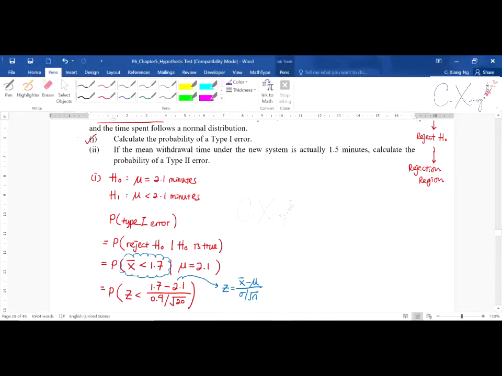If you have a look at part number 2, they said if mean withdrawal time under the new system is actually 1.5 minutes, calculate the probability of a type 2 error. Very obvious, they want you to calculate the type 2 error now.